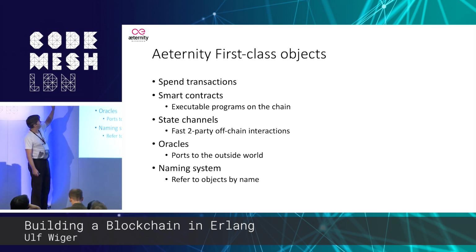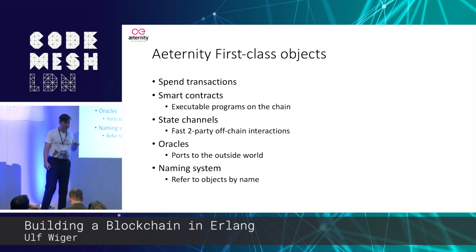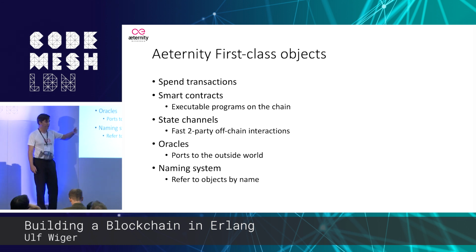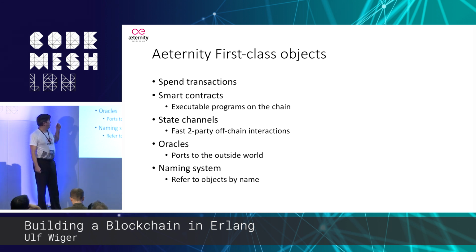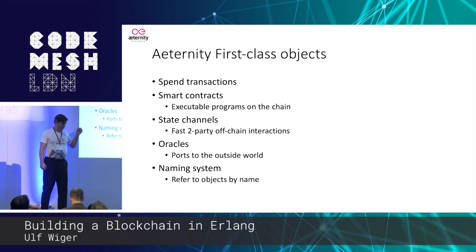So the trivial one is spend transactions, obviously, so that you can transfer coin to some other account. And then you have the smart contracts, which are executable programs. And then there is something called state channels.